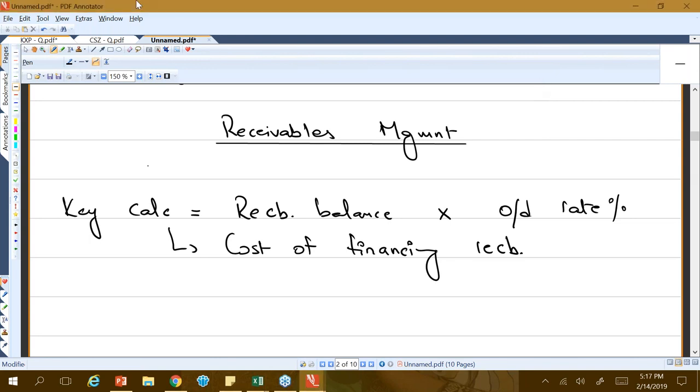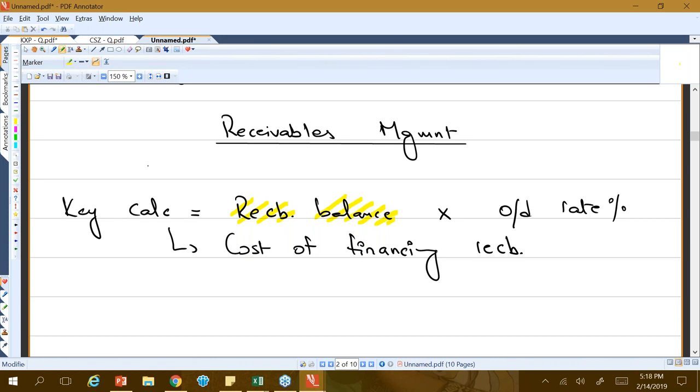When we have receivables on our balance sheet under current assets, that means this money is not with us. This money is with the customers. So then how would we manage or use the funds in our operational needs?